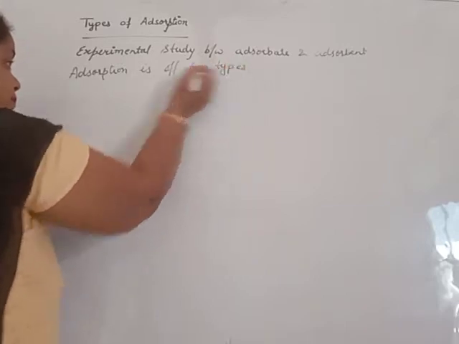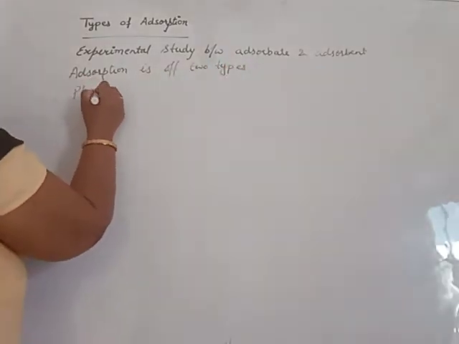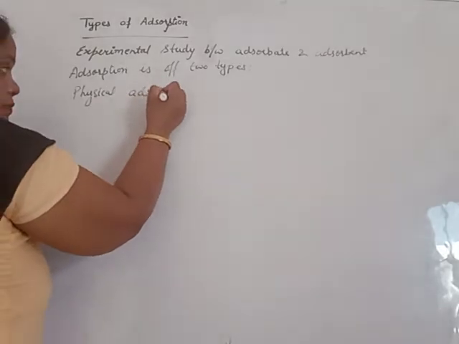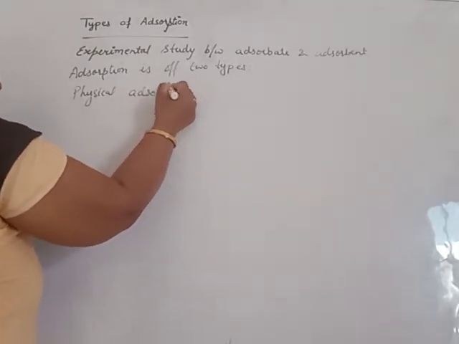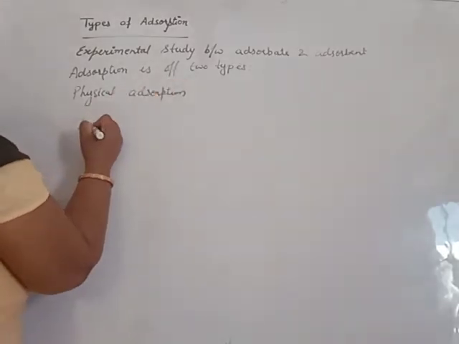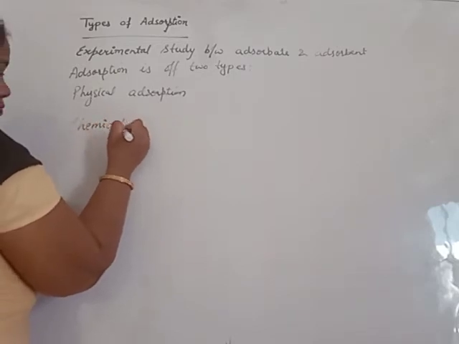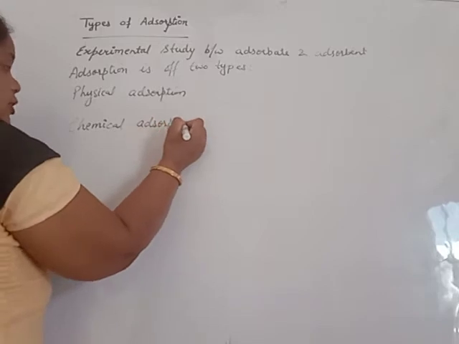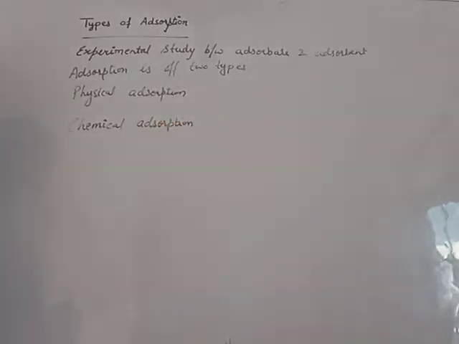First one, physical adsorption. And second one, chemical adsorption. Physical adsorption is also known as physiosorption, and chemical adsorption is also known as chemisorption.